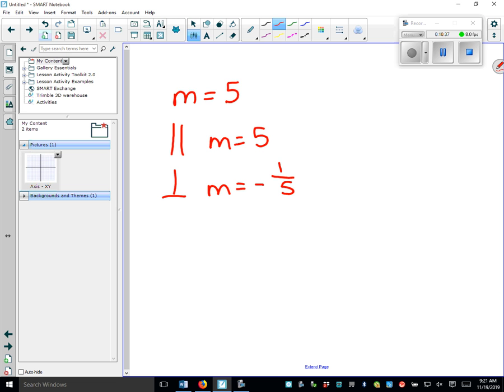All right. What if I give you two lines and I ask, are these lines parallel, perpendicular, or neither?